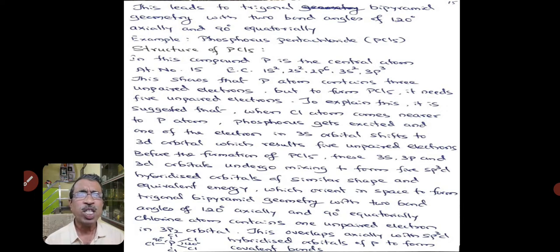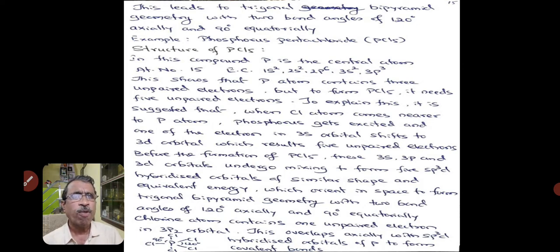In phosphorus pentachloride, phosphorus is the central atom whose atomic number is 15 and its electronic configuration is 1s2, 2s2, 2p6, 3s2 and 3p3. This electronic configuration shows that phosphorus atom contains 3 unpaired electrons.